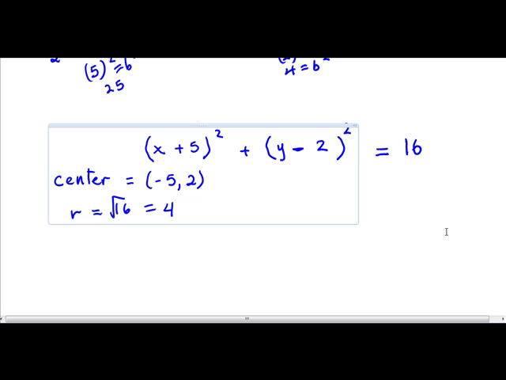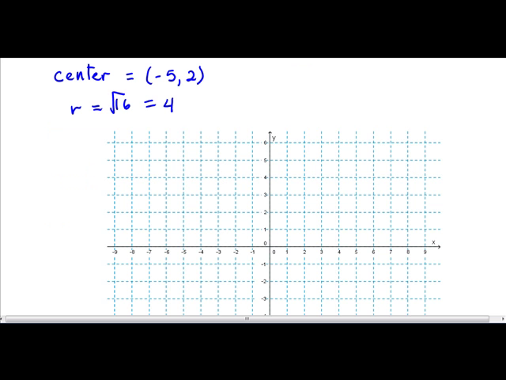So now let's graph. I just inserted the graph paper into the problem. First thing in the graph, we will plot the center, which is x is minus 5 and y is 2. Right here is the center. And now we will graph using the radius.